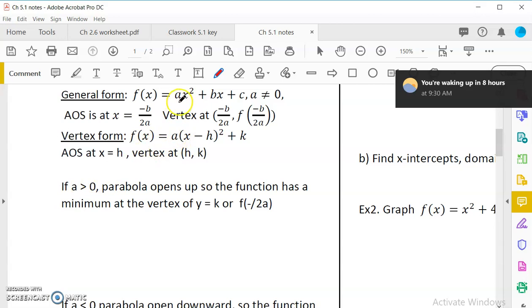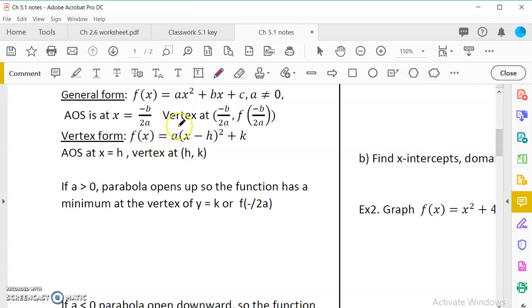Both forms have the value a, which multiplies the squared term outside, or is the coefficient of x squared. If this a is greater than 0, the parabola will open up.